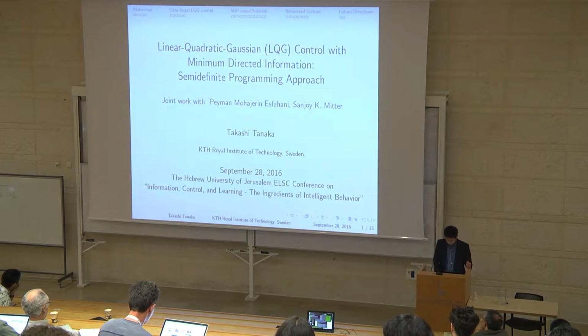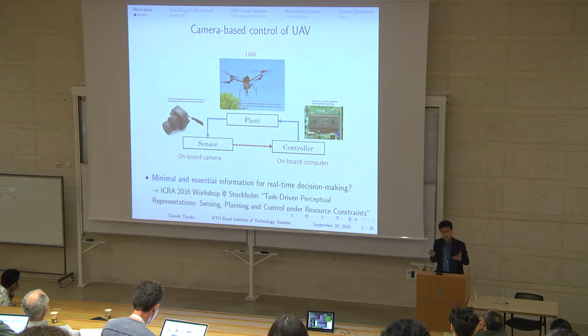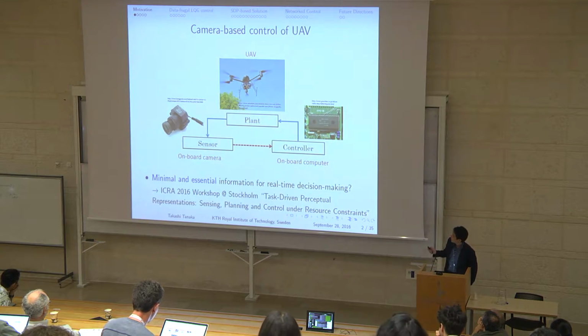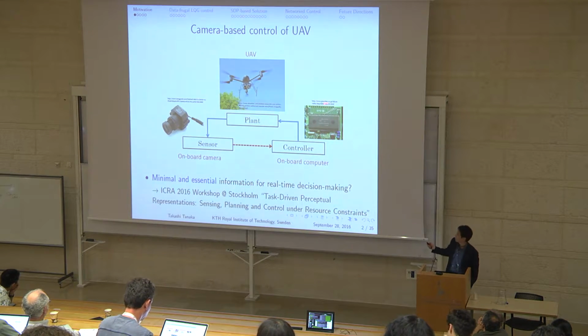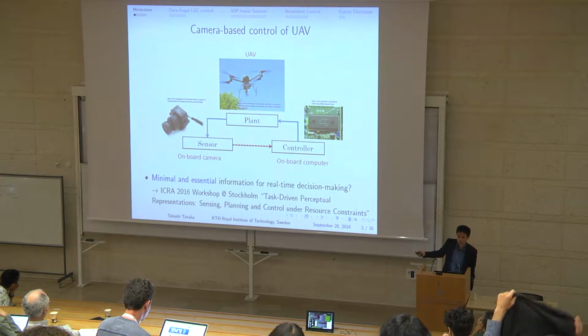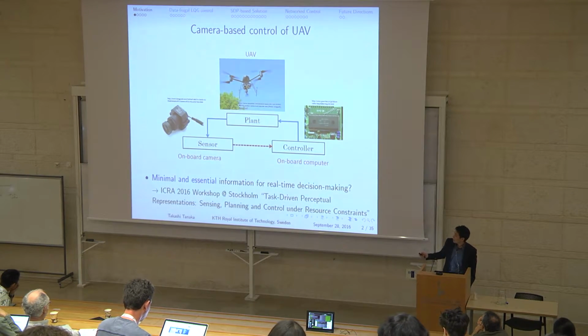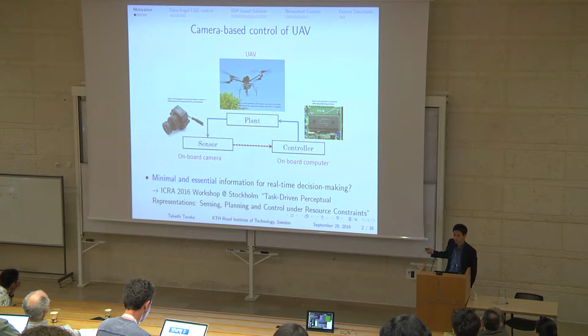So let me start with a couple of motivating examples in which this kind of trade-off study is potentially useful. Imagine that this is a camera-based control system of a drone, a drone with an onboard camera device. Your task is to design a control and navigation algorithm for this drone.